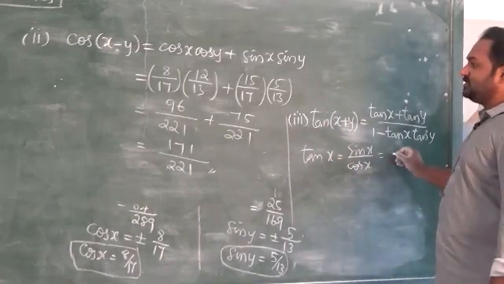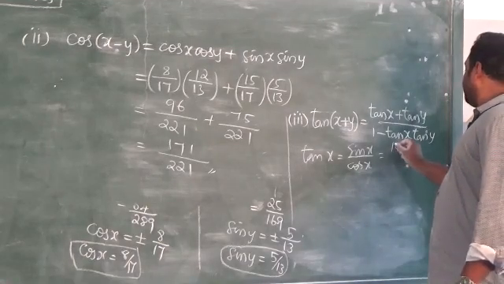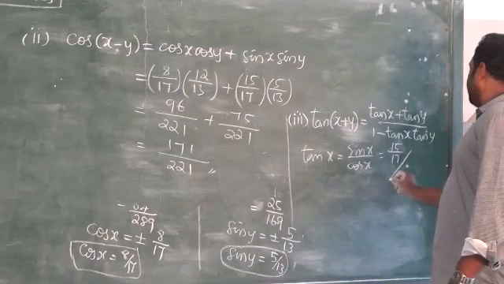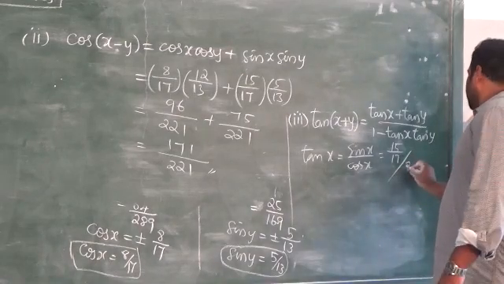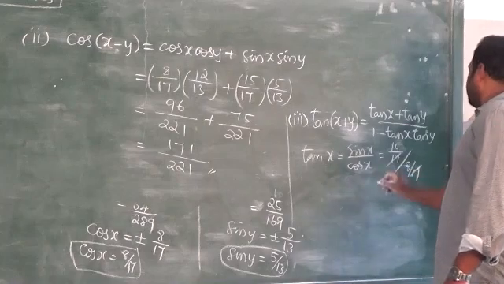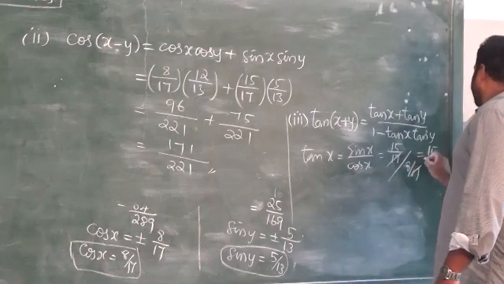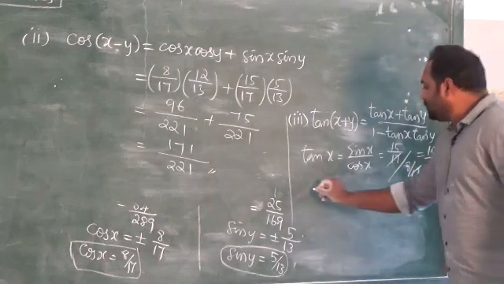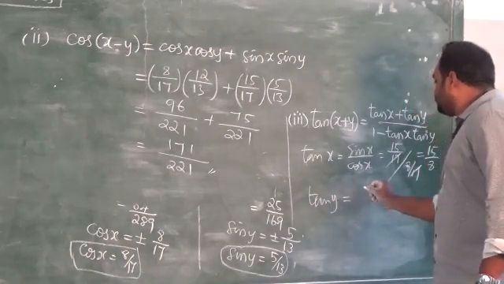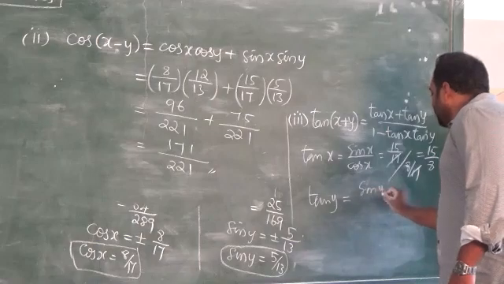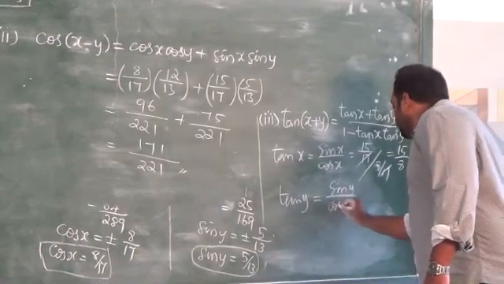Sin x value is 15 by 17, the whole divided by cos x value 8 by 17. It is cancelled. 15 by 8 is the tan x value. Next, tan y value is sin y by cos y.